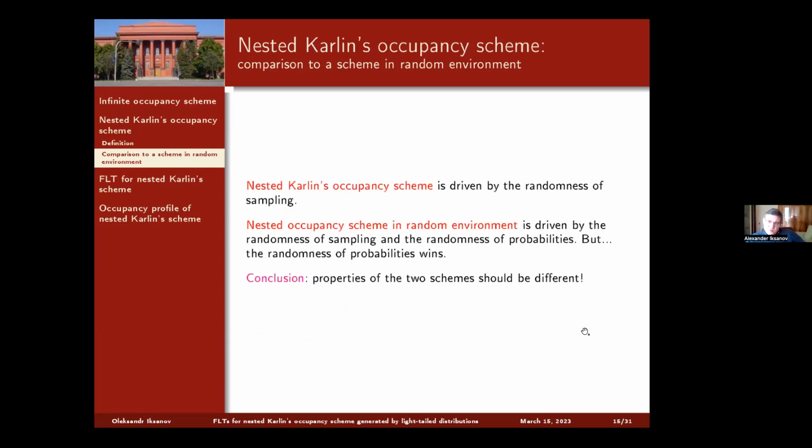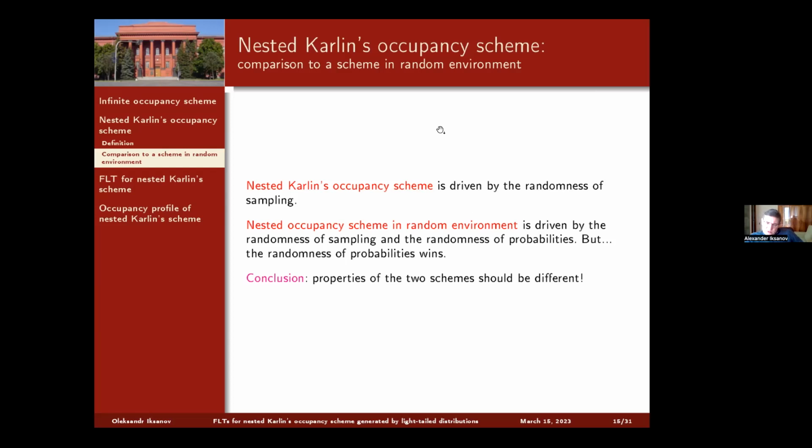The allocation of balls in the occupancy scheme in random environment is driven by both the randomness of sampling, that is the only randomness which is present in Karlin's occupancy scheme, and the randomness of probabilities. On the other hand, it is known that typically the behavior of the occupancy scheme in random environment is only affected by the randomness of probabilities, whereas the influence of sampling is not seen.